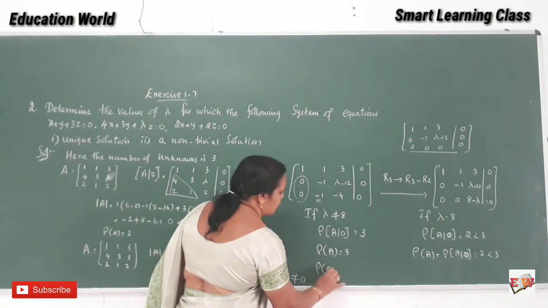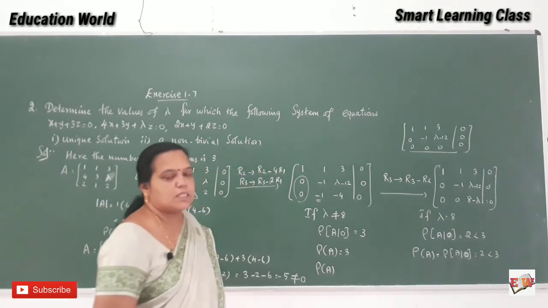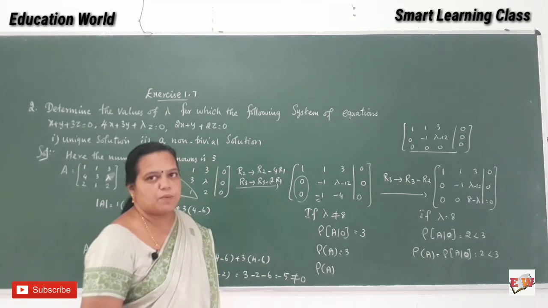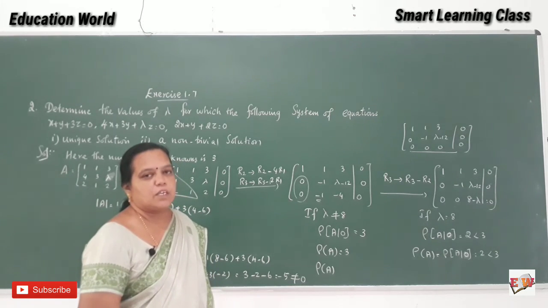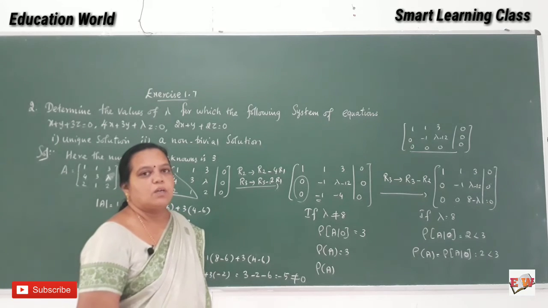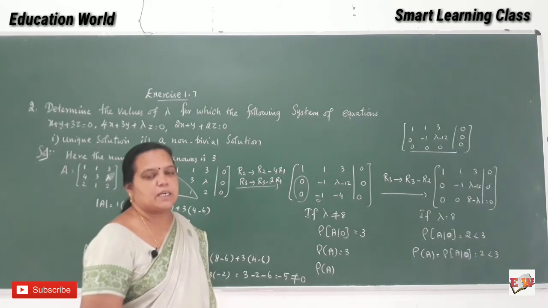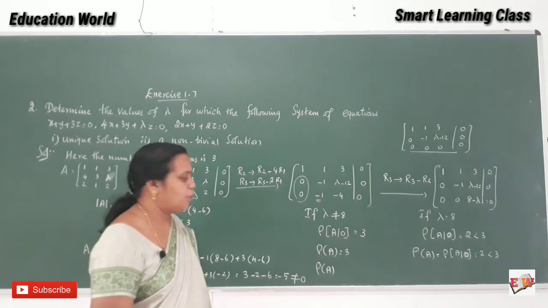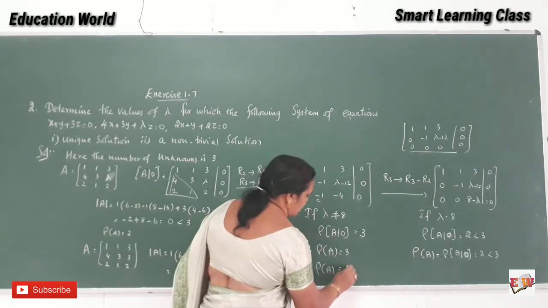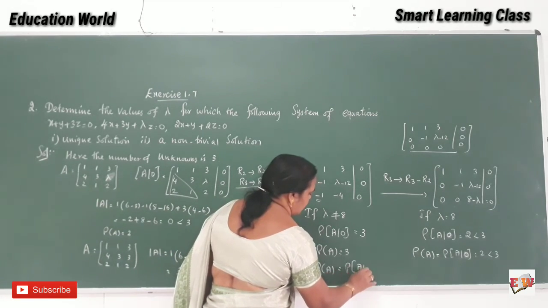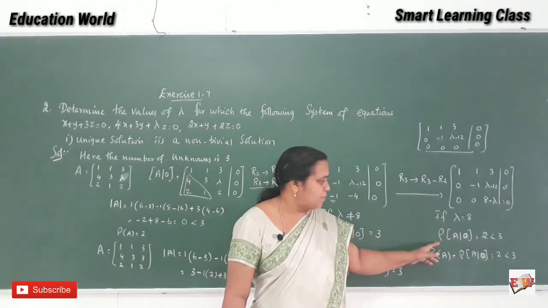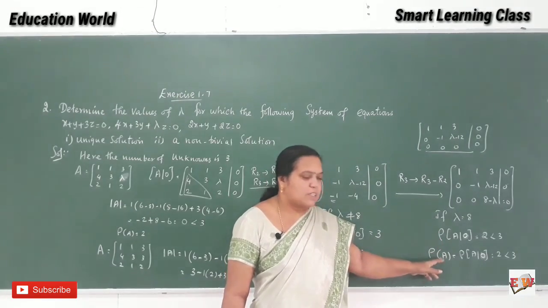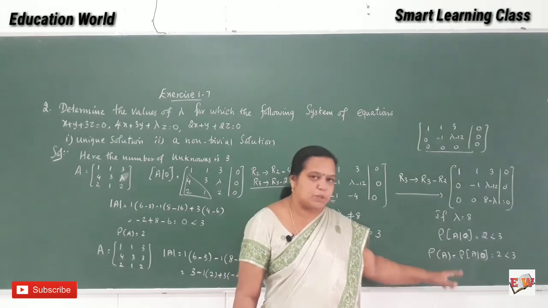When the rank of coefficient matrix is equal to the rank of augmented matrix, that system of equations is known to be consistent and it has a unique solution. If lambda equal to 8, we get the rank of A is equal to rank of augmented matrix is equal to 2.